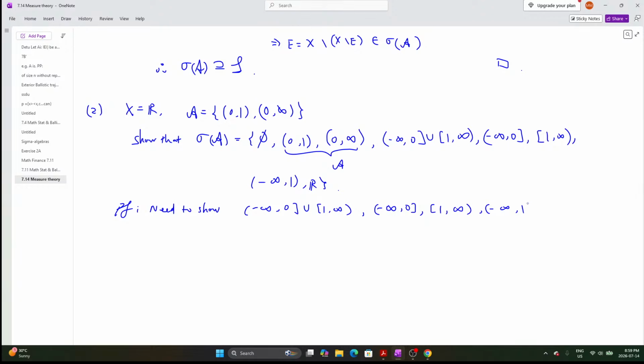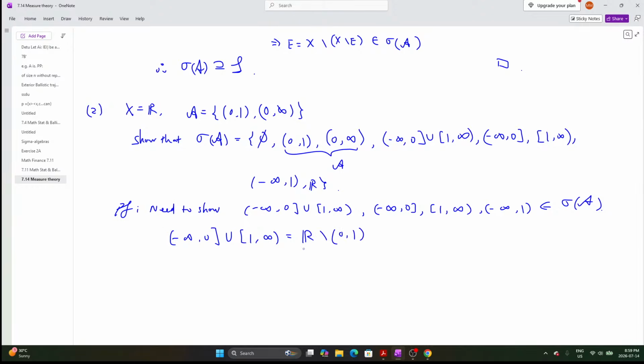So here you have these four sets that we need to show are in the sigma of A. So what do we have? The first one, (minus infinity, 0], obviously this is needed because that's the complement of (0, 1), which is R minus (0, 1).